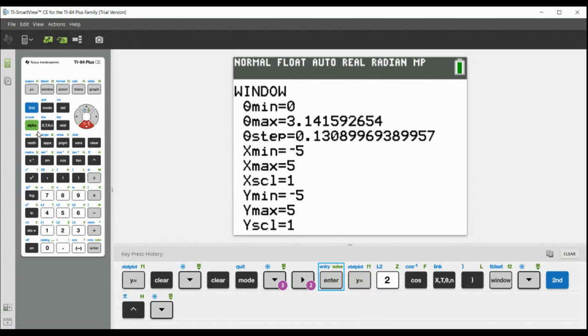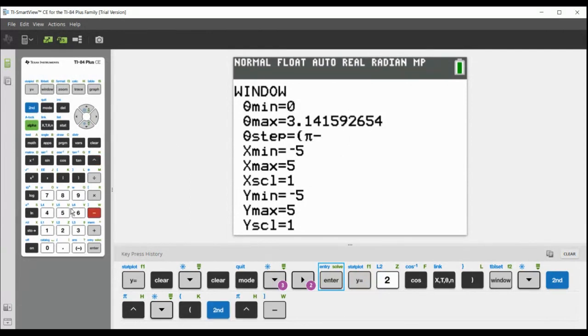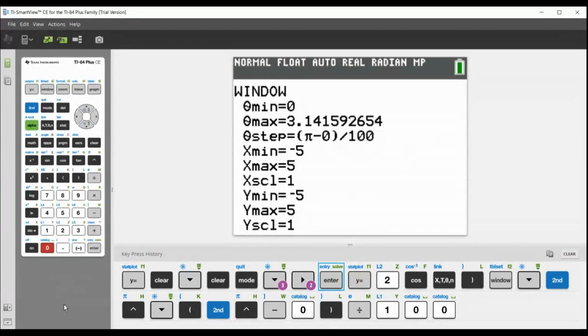So why don't I take the difference between my theta max, which was pi, and my theta min, which was 0, and divide that by 100. So basically, I want the calculator to pick 100 angles, compute the radius at those angles, and plot the polar coordinates for those 100 angles. All right, that's fine.